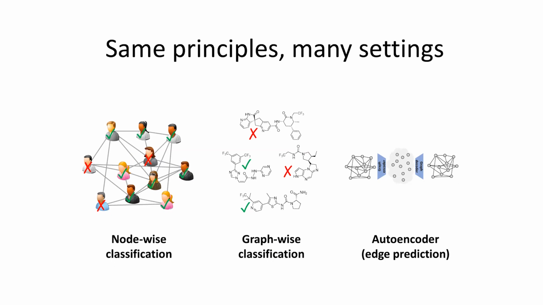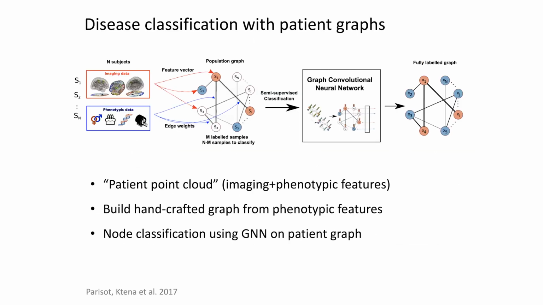This is typically used in recommender systems where you would like to predict edges between, let's say, 2 users on a social network.